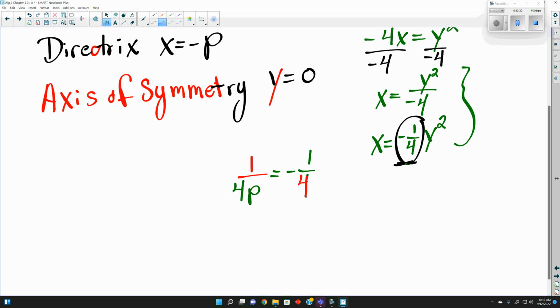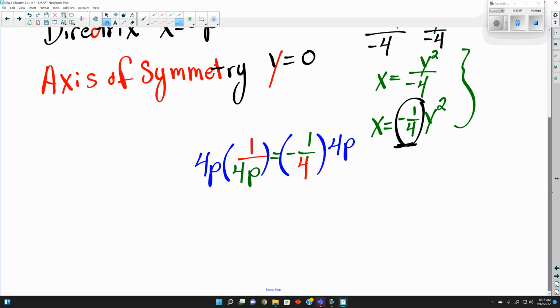Now, once we get the equation in the correct form and get this set up, the first step is always going to be the same. We're going to multiply both sides by 4p. Once we set up the 1 over 4p with whatever's in front of that term squared, the first step is always going to be to multiply both sides by 4p. Because on the left-hand side, I'll go ahead and write this out the first time. We're going to get 4p over 4p.